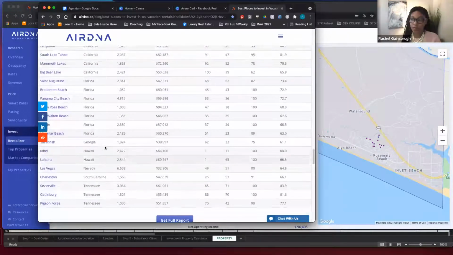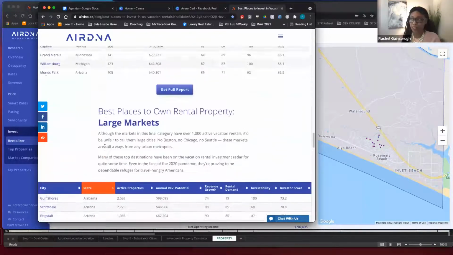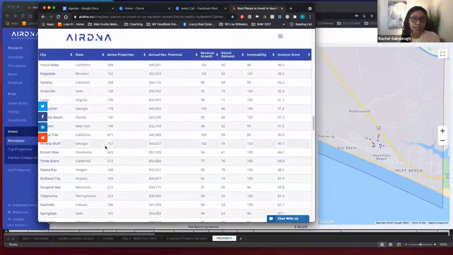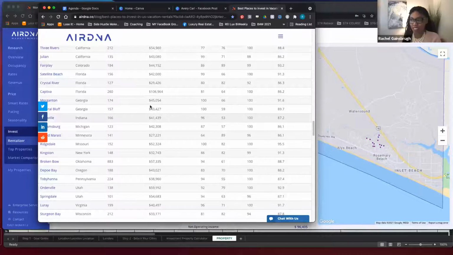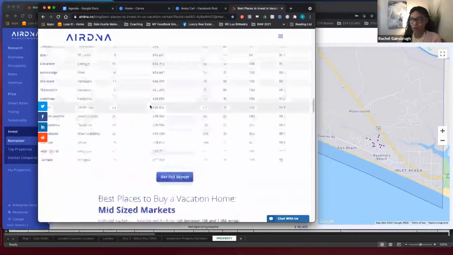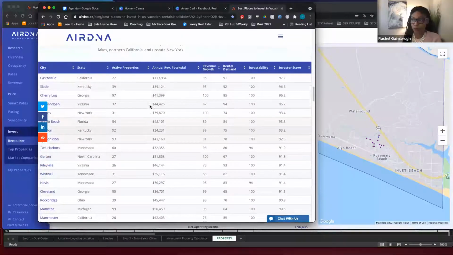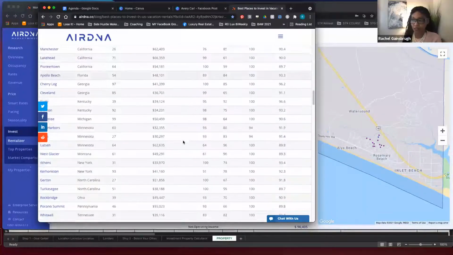We'll make our way all the way to California and hopefully we get to Hawaii. I've got a wide list of folks that would definitely be happy to share. I've got rental owners in Hawaii I can bring on for you guys.